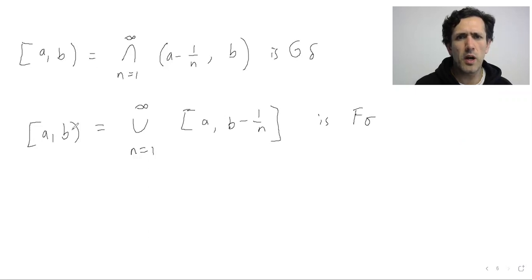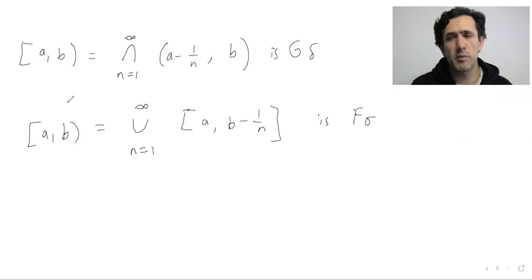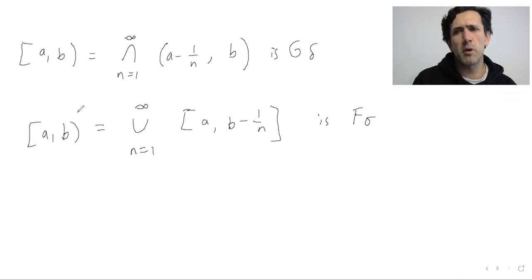And you can do the same thing for open A, closed B. So any half open, half closed interval is going to be both a G delta and an F sigma set. I might get my Greek letters mixed up, I really hope I don't.